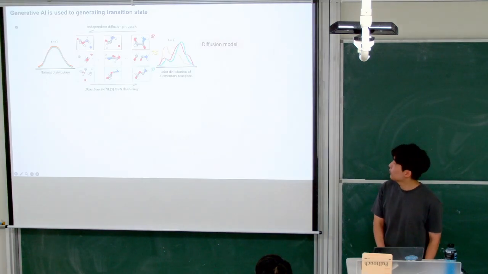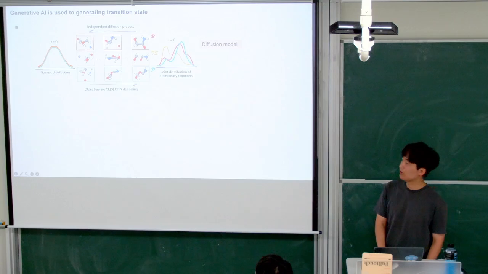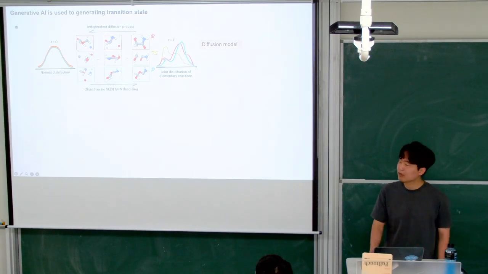Here, in order to generate a transition state, we learn a map from the initial state distribution to the target state distribution. So that if we start with some arbitrary point sampled from this initial distribution, it follows the neural network to obtain some target distribution.